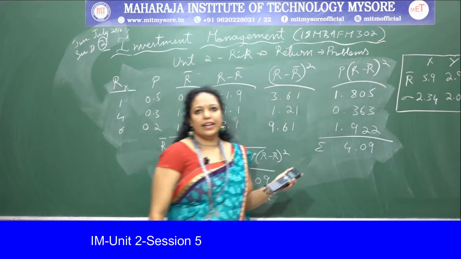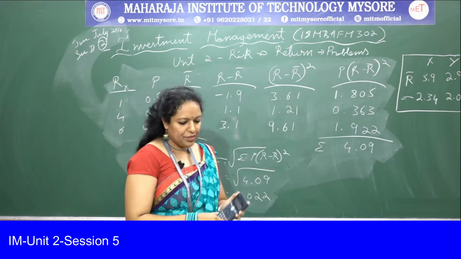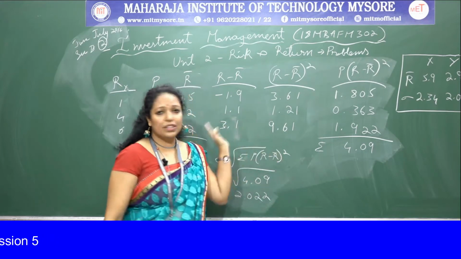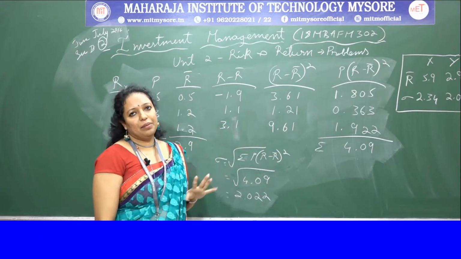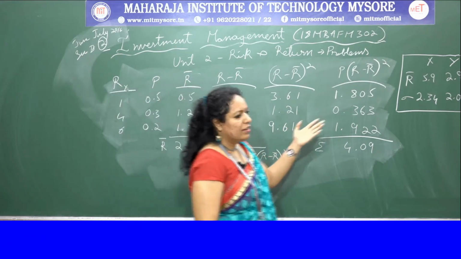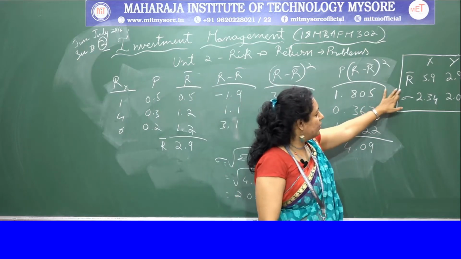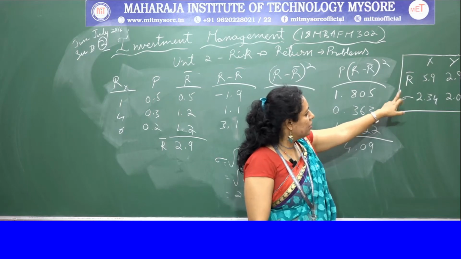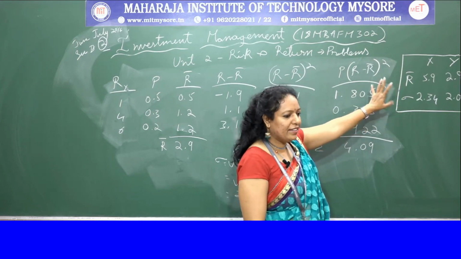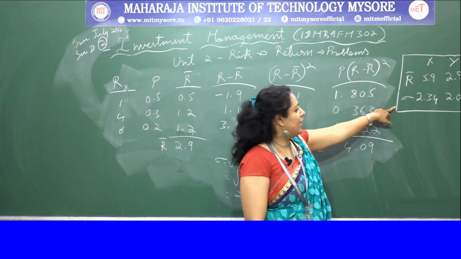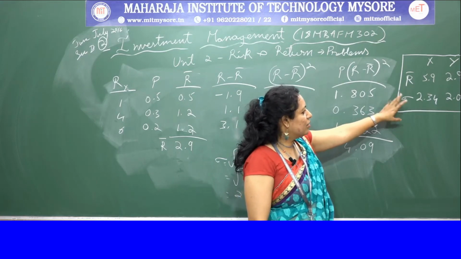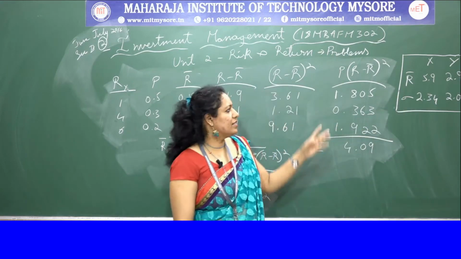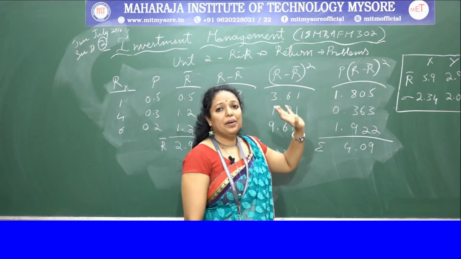So you can see the table, I guess. Once you finish writing, you make a comparison. See, for X, R bar is 5.9. Comparing, X is higher in return. In the same way, in standard deviation, risk is also high. But comparatively, the risk and return are both high.